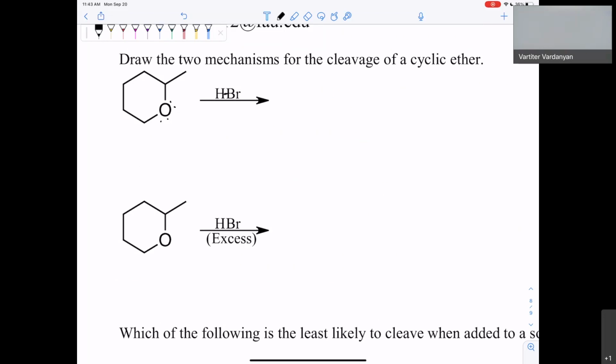But something that Dr. West is very passionate about is this first step. The first step is going to be the oxygen stealing the H coming in. We call that the activation.